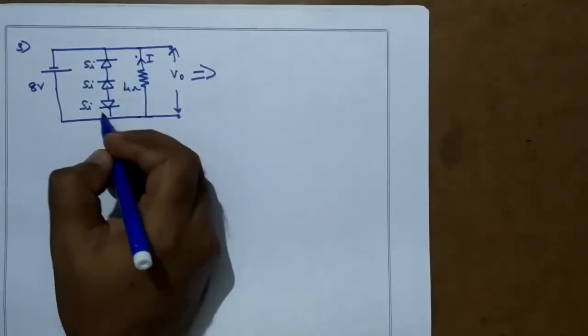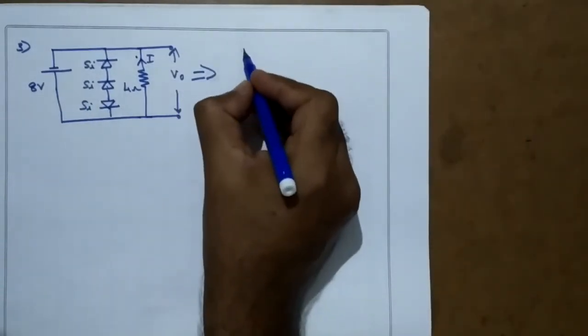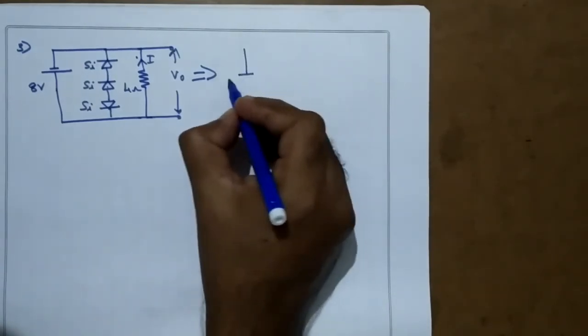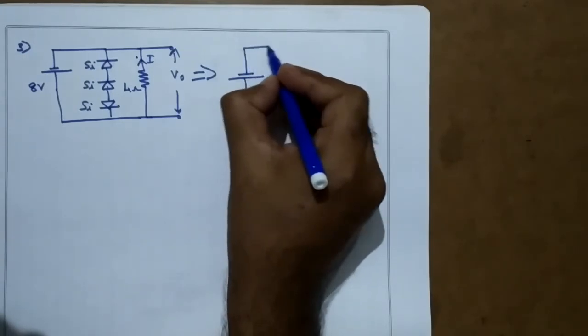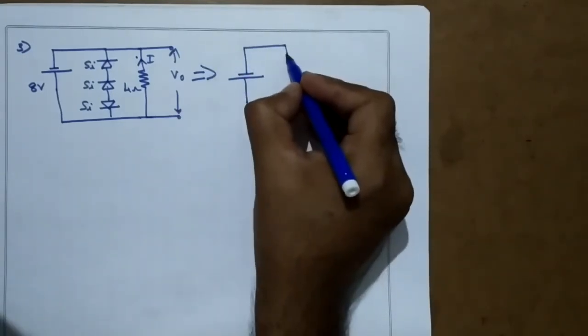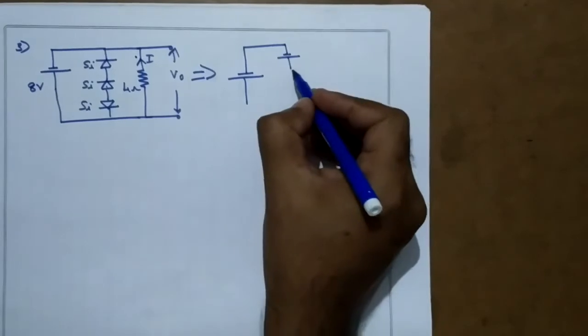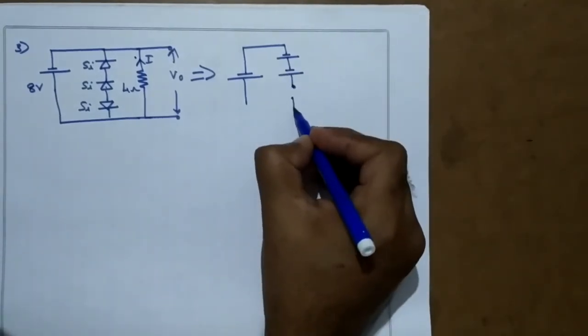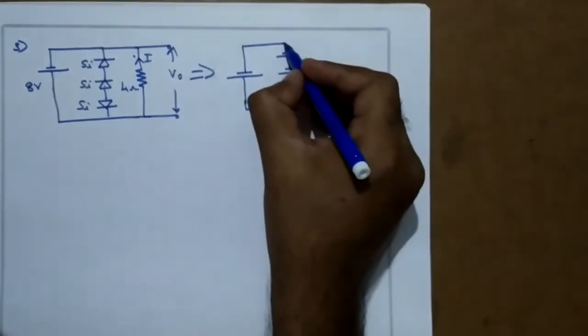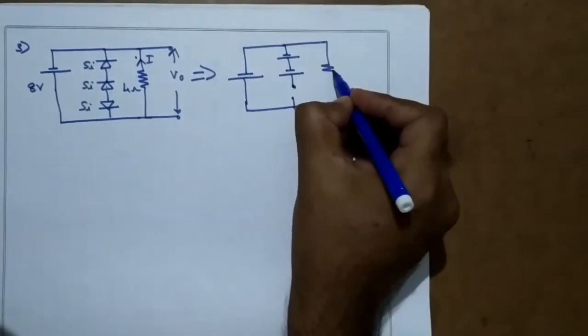So we have to open this according to the approximate analysis. You replace the first diode by 0.7 volt, second diode also by 0.7 volt, third diode with open, because a reverse bias diode will be replaced by an open switch.